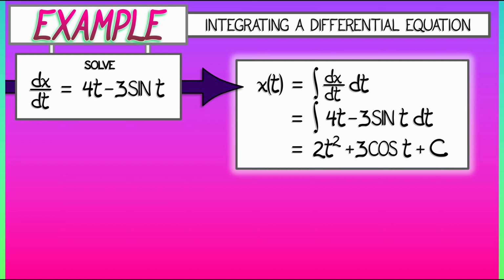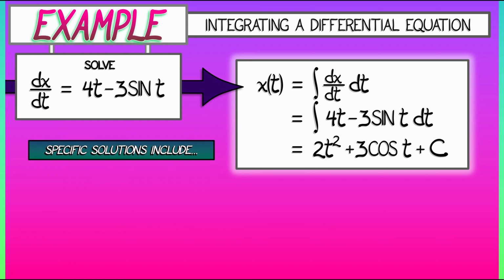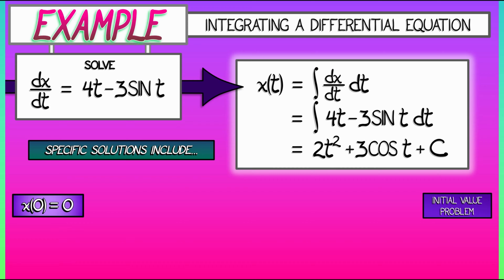That's the general solution. You might want a specific solution, where, let's say, you have specified a particular value of x. Let's say x at time 0 is 0. This is what is called an initial value problem. You're given the initial value of x. Well, in this case, what do you know?